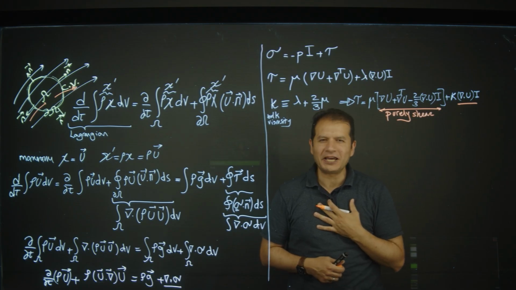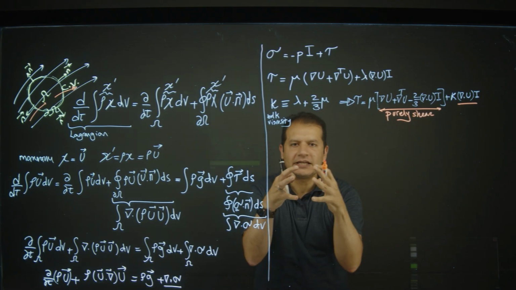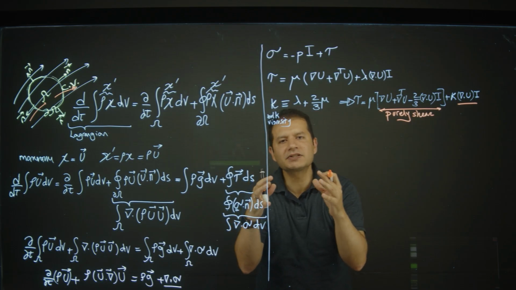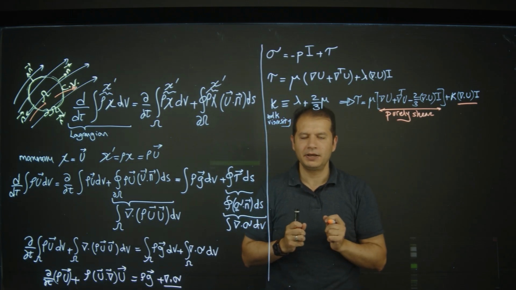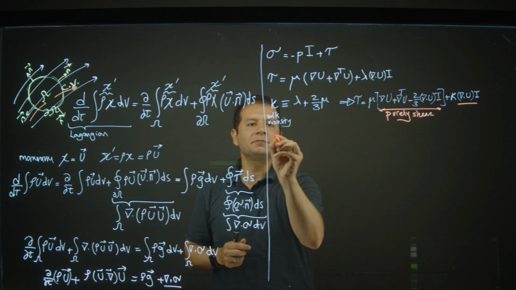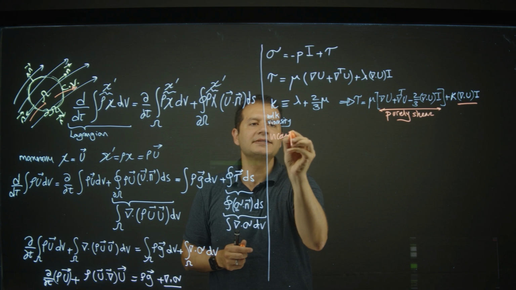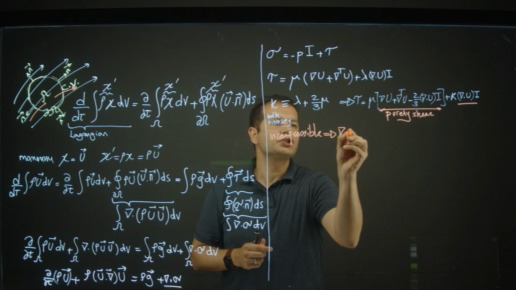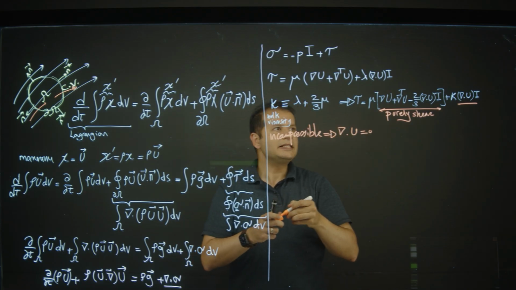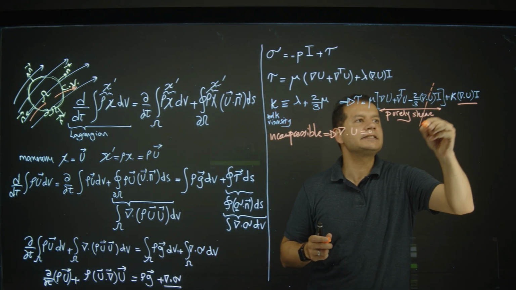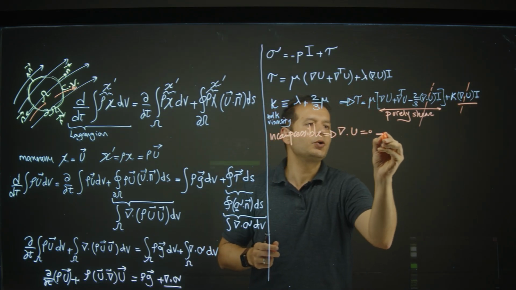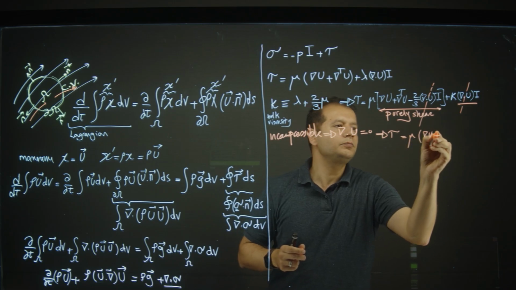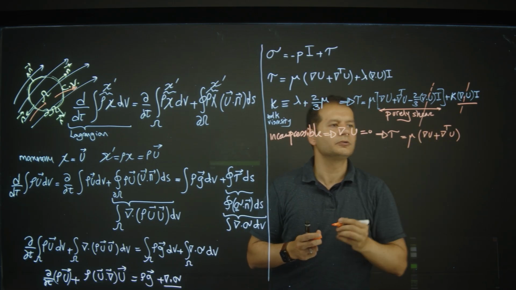Which means, in a way, that when you change the volume of your fluid, there is an associated viscosity to it, and that's K. Now, if I assume that my system is incompressible, this means divergence of u is 0, and therefore I can neglect these two terms and write my tau as mu times grad u plus grad transpose u.